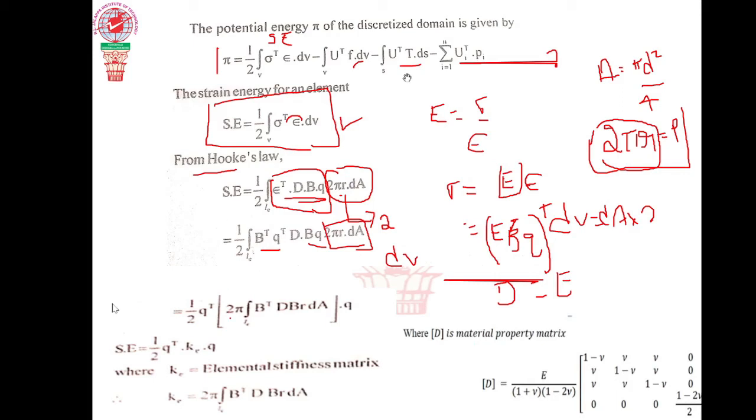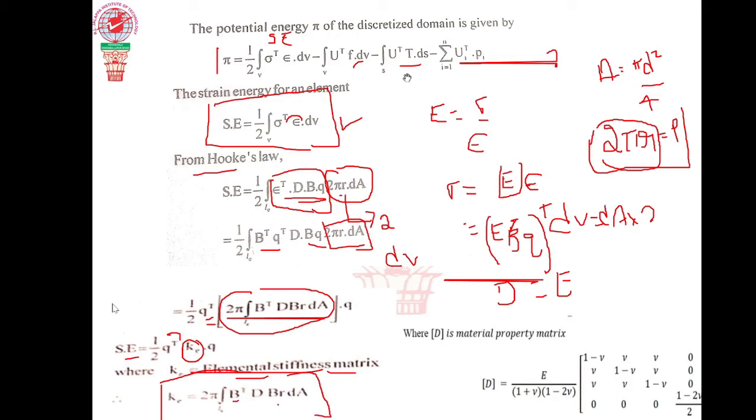Therefore, finally, the strain energy becomes 1 by 2 Q transpose, and this whole term they called Ke, into Q. That is the elemental stiffness matrix for the axisymmetric case. Therefore, Ke is nothing but 2 pi into B transpose into D into B into r into dA.